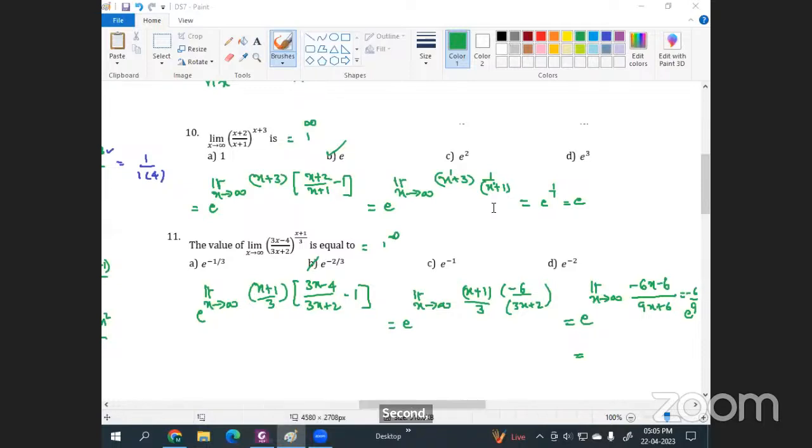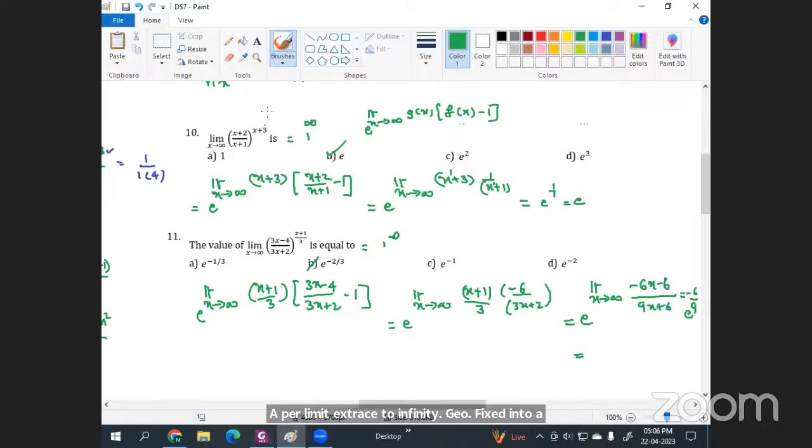Mohan has given correct. Which one should I repeat once again? The previous problem. Right. So it is the formula of e power limit x tends to infinity, g of x into (f of x minus 1).